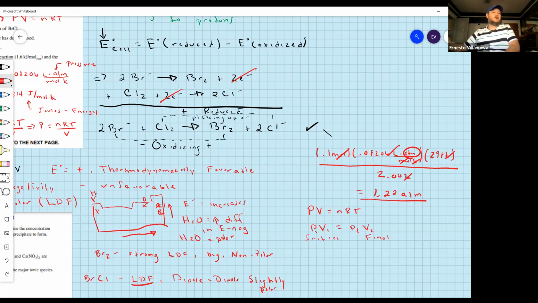So if you have a problem with no temperature, no moles, just straight pressure and volume, you use this formula. The other one is pressure and temperature, for when you have just pressure and temp.